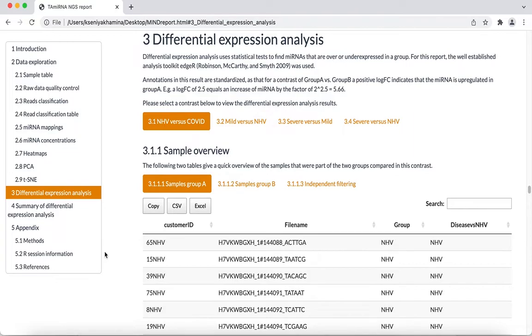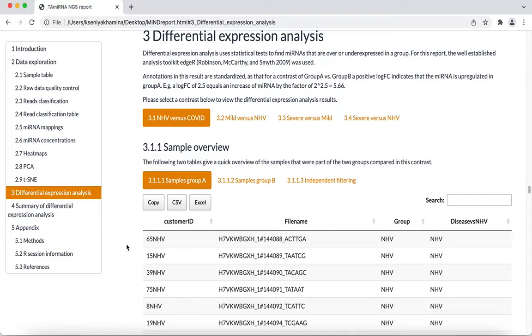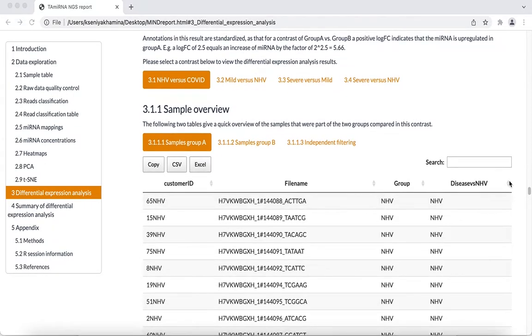3. Differential expression analysis. Differential expression analysis uses statistical tests to find microRNAs that are over- or underexpressed in a certain group. For this report, we use the well-established analysis toolkit edgeR. The results are standardized.